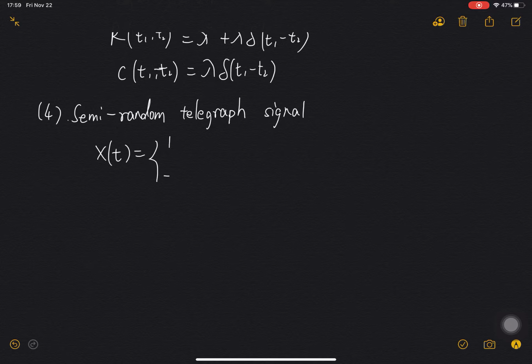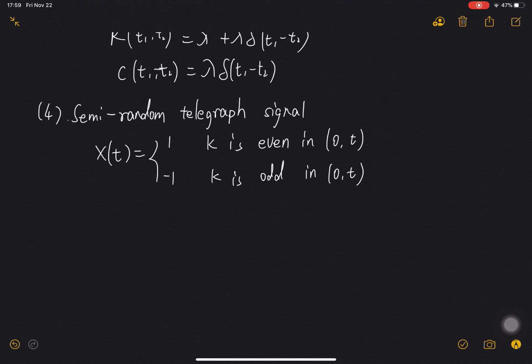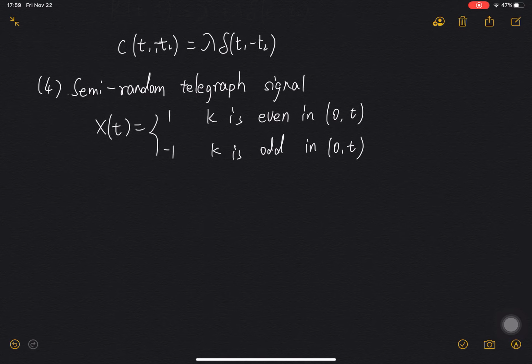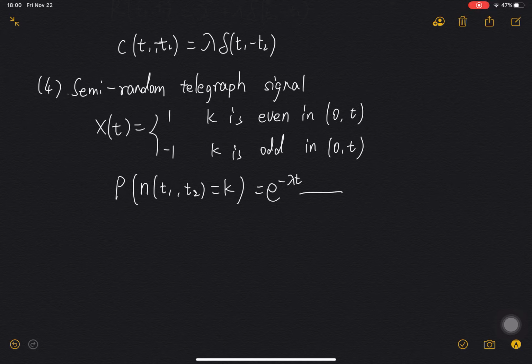X(t) can be 1 or minus 1 under the condition that k is even in 0 to t, and k is odd in 0 to t, and the probability of N(t1, t2) equals k is e to the minus lambda t, times lambda t to the k over k factorial.